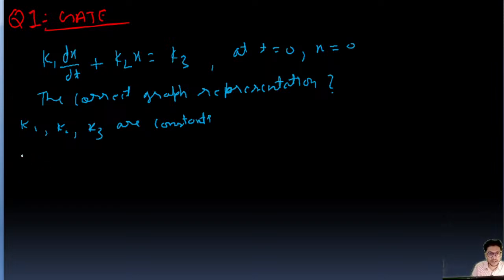We have been given the options. The first graph is given, this one. This is t and this is x, and this graph is like this.